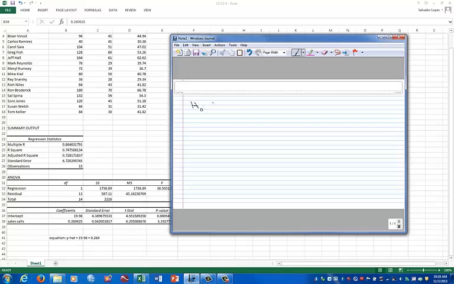The null hypothesis is that beta is equal to 0. It is not written as B because this is the version of the population, which is called beta. And H1 is beta is different than 0.